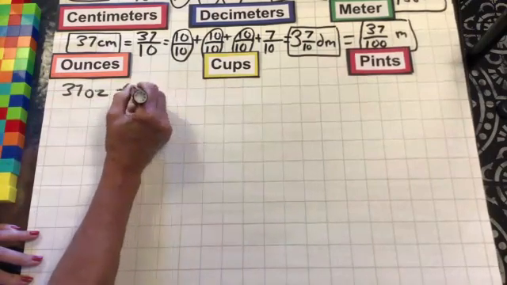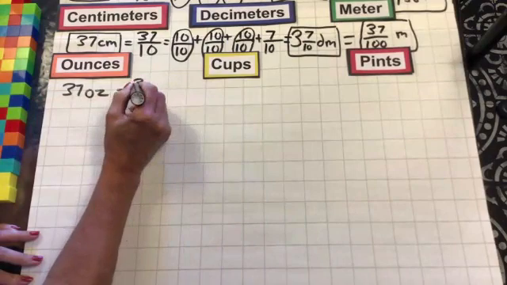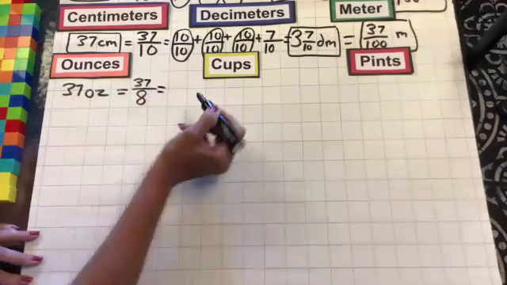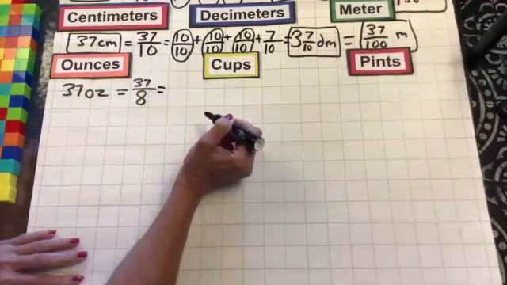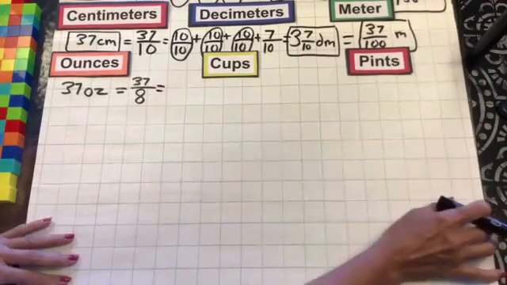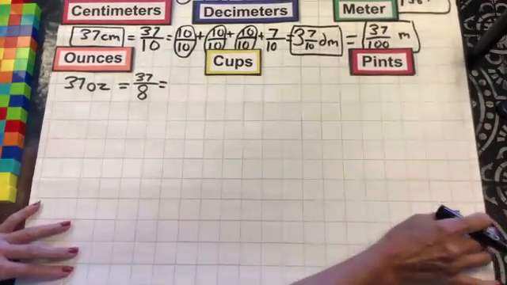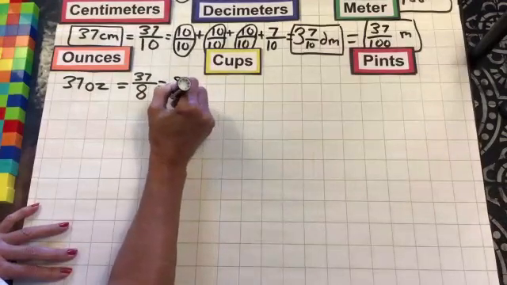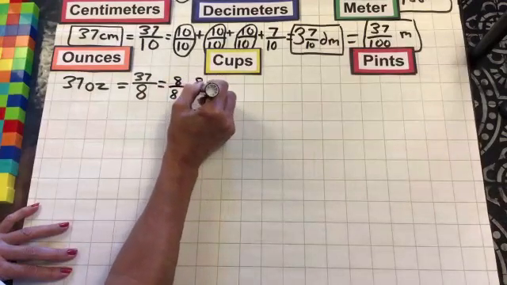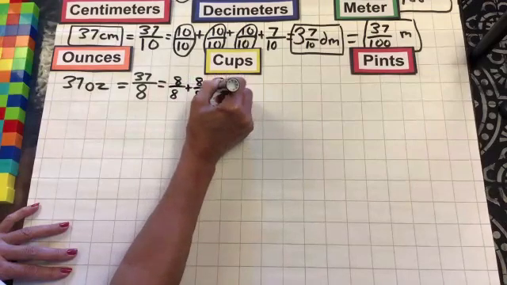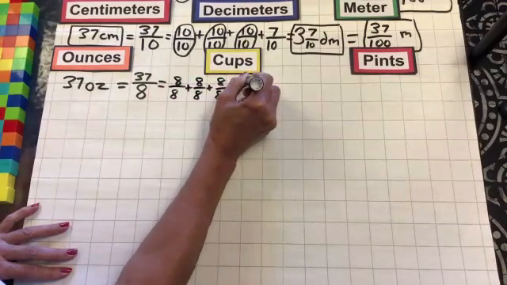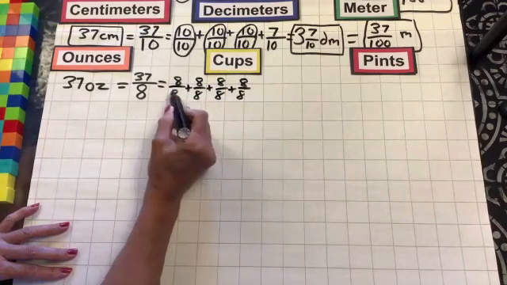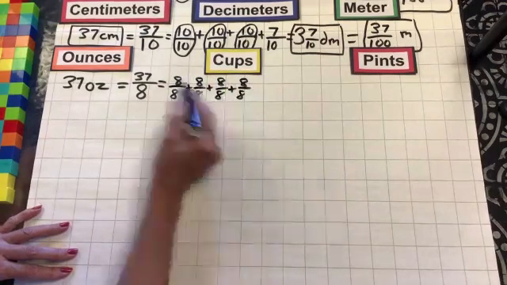So we're going to put it into an improper fraction over 8. And then we're going to break it apart. We're kind of dividing here, folks, but we're breaking it apart so you can see it in addition form and have it make sense to you. So we have 8 over 8 plus 8 over 8 plus 8 over 8 plus 8 over 8. And we know 4 8ths is 32.